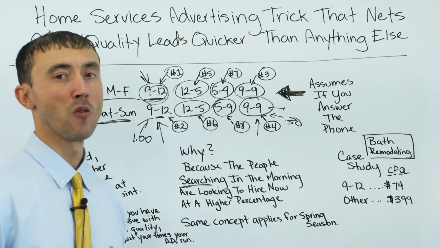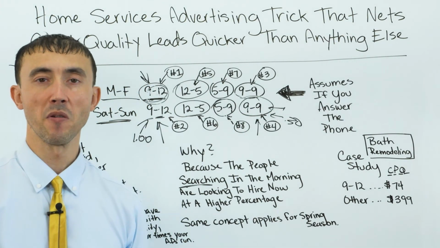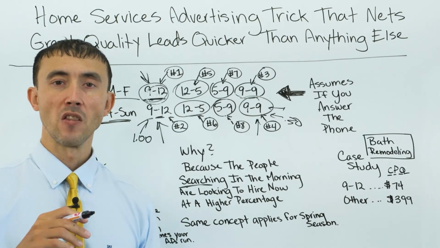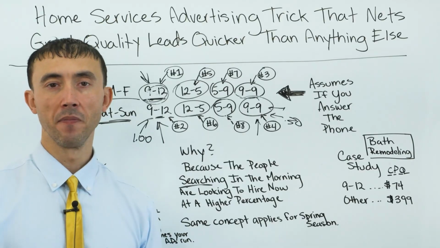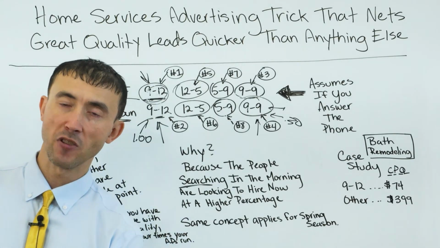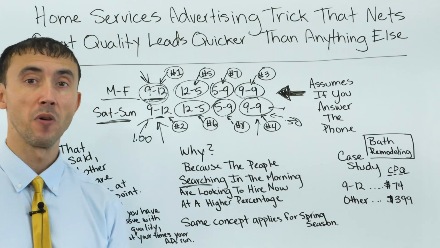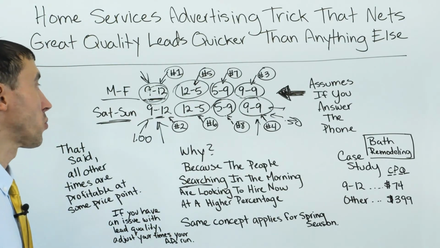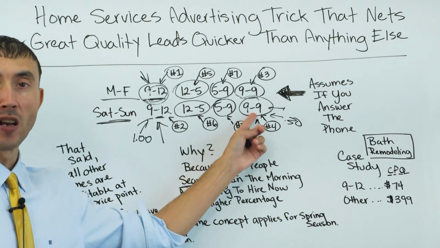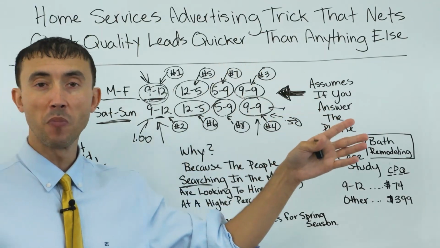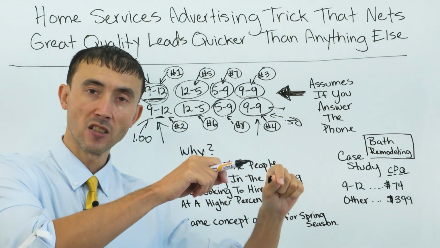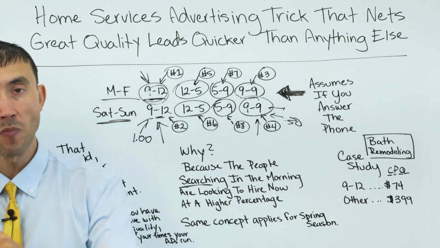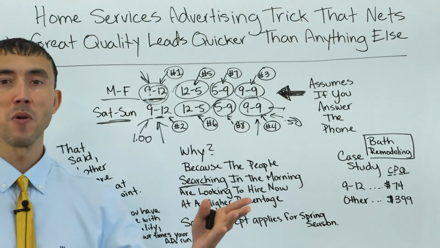The only reason it was overnight is that we had a specific campaign that said we're open 24 hours a day, even at 2 a.m., and had a separate funnel for just that, which, by the way, cleans itself up. The actual lowest cost per opportunity was overnight, because most companies aren't willing to do it. With that unique ad copy, and a landing page that talks about how we're open, you can beat everybody else in your market.